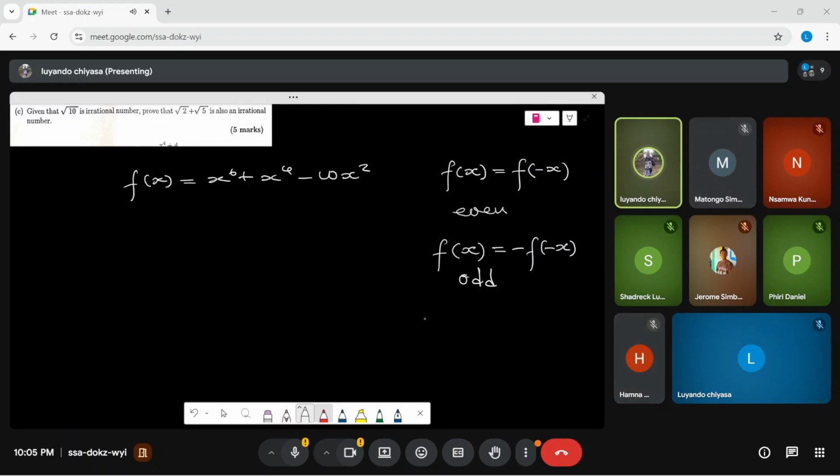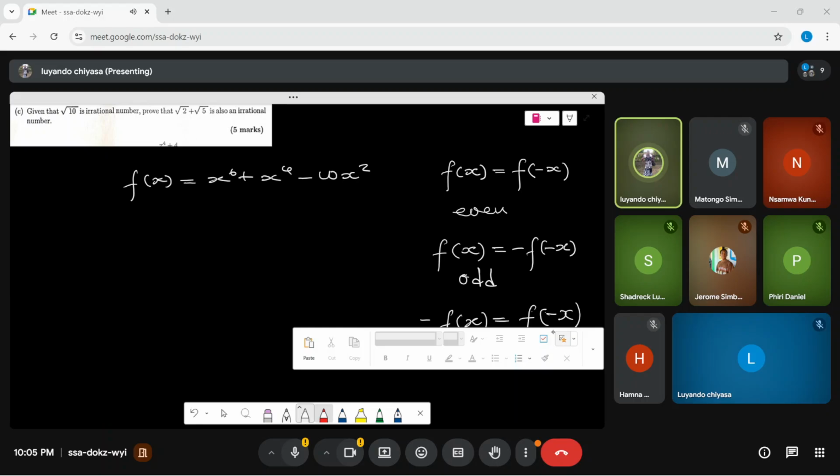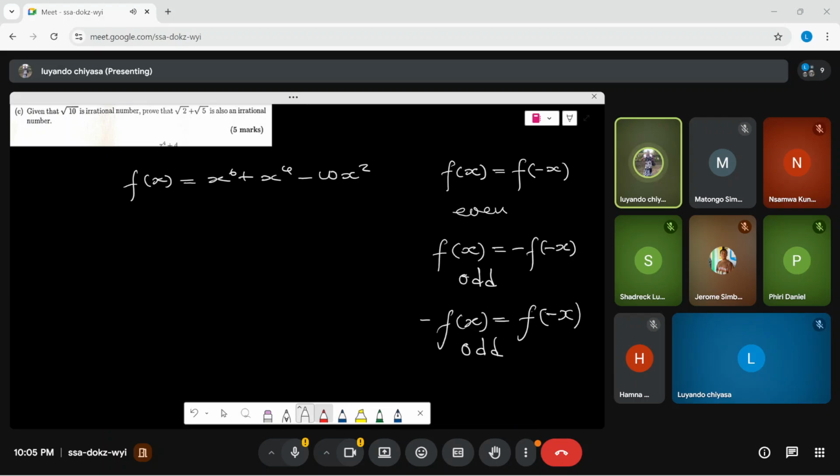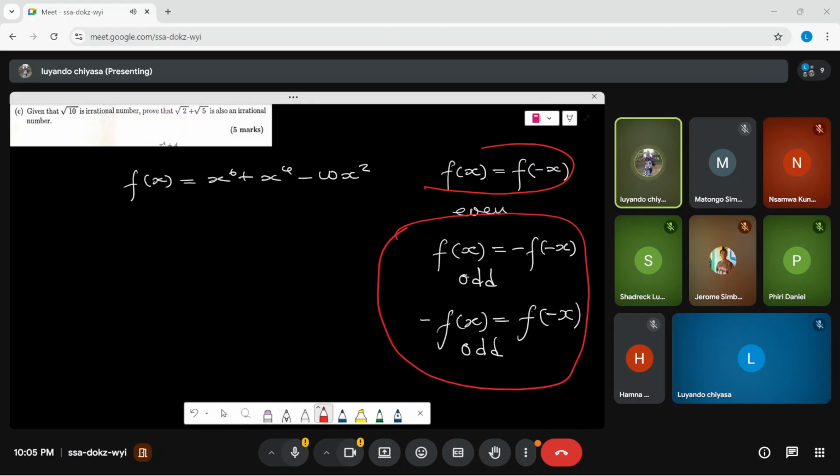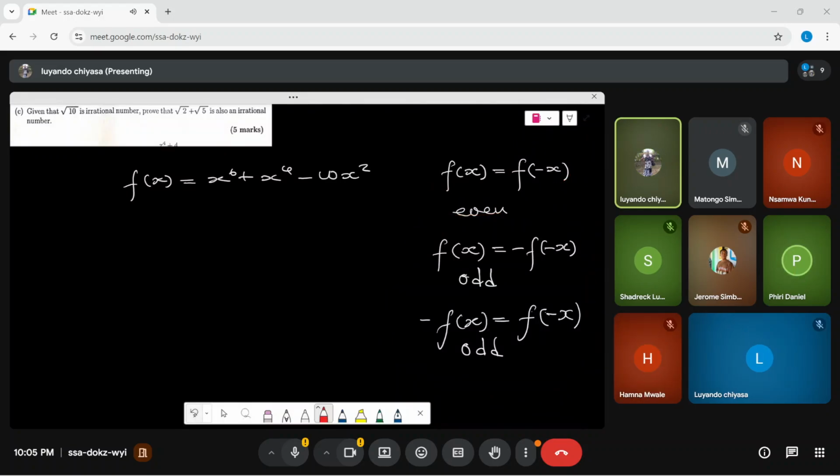Some of you may write it as negative f of x equals f of negative x. It's one and the same thing, it means the function is odd. We know this, right? So if the function does not qualify under either, it means the function is neither odd nor even.